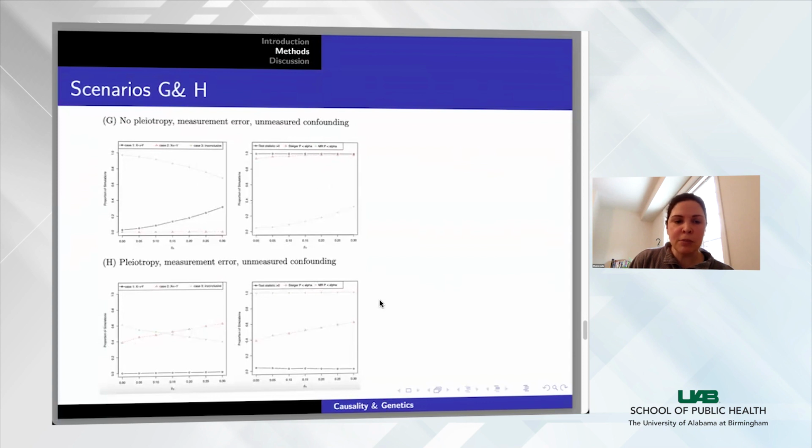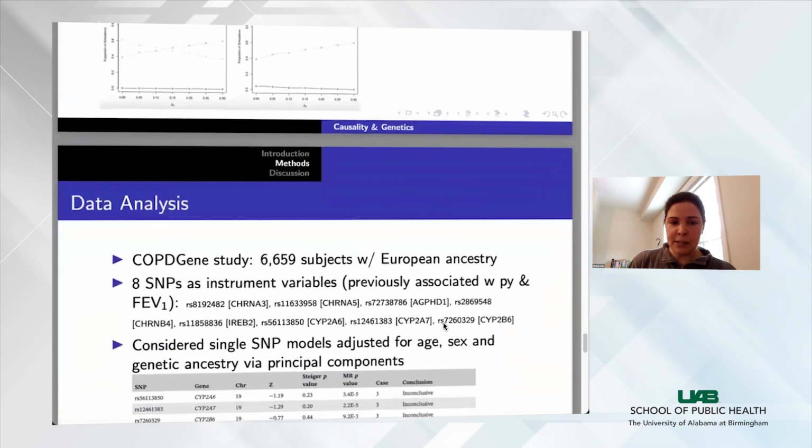So especially for the simulations we were focused on here, pleiotropy was really affecting the ability of the MR-Steiger approach to tell the right effect direction. And so that assumption about pleiotropy is very necessary, and also may or may not be quite an issue. It just depends.